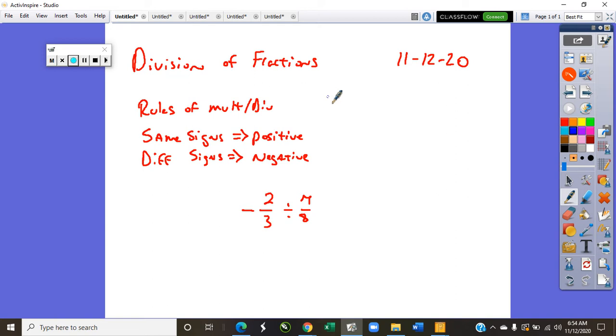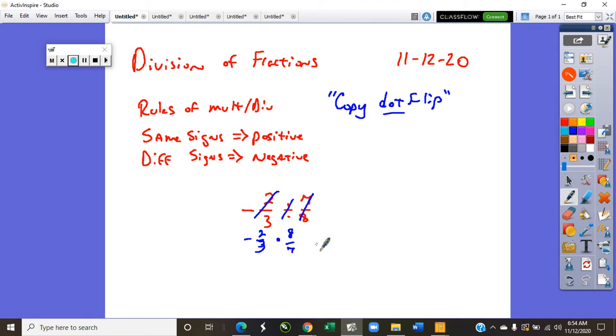I know that your classes last year did this. Copy, dot, flip. So what we're going to do is take this and copy the first number, negative 2/3, and you can cross them out as you go if you want to. Dot means multiplication, and then flip. So 7/8, we're just going to flip over.